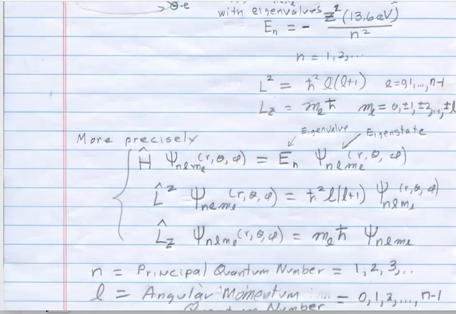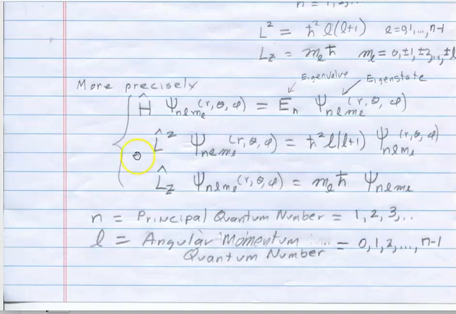Really, more precisely, what we have is the following. We've been able to find a representation of the quantum state of this electron that is simultaneously an eigenstate of the Hamiltonian, the angular momentum operator squared, and the z component of the angular momentum operator.